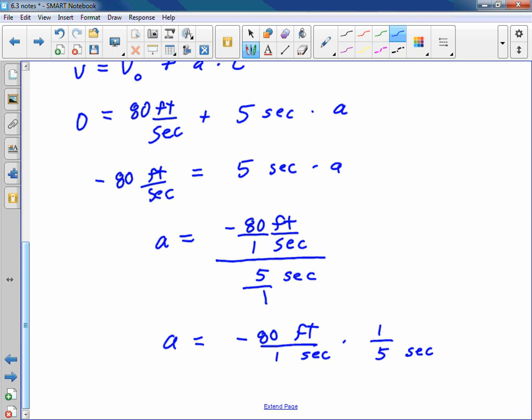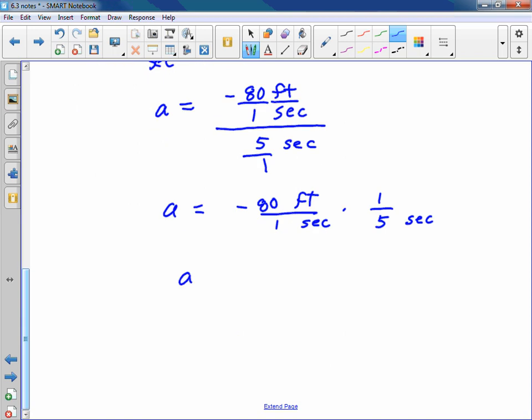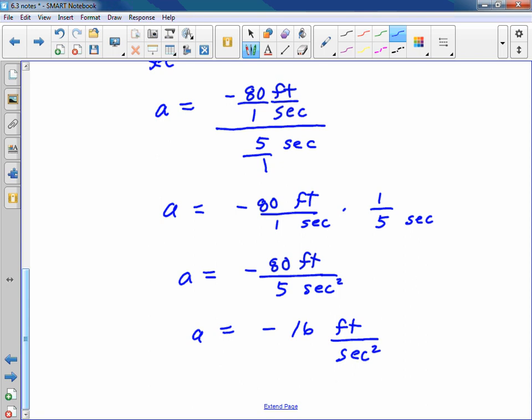I don't know what units 1 would be, but anyway. A then equals negative 80 feet divided by 5 seconds squared, and A equals negative 16 feet per 1 second squared. And I did this longhand because I want you to appreciate the units here. Okay? So there's our acceleration, or in this case, deceleration, negative acceleration.